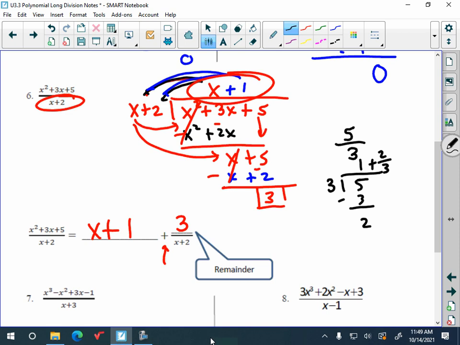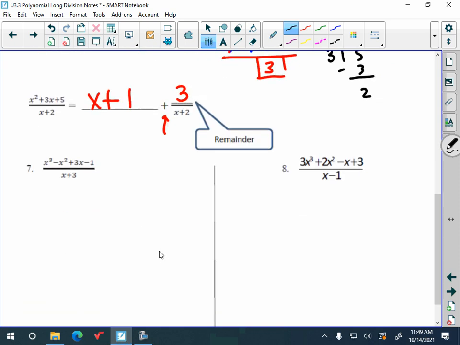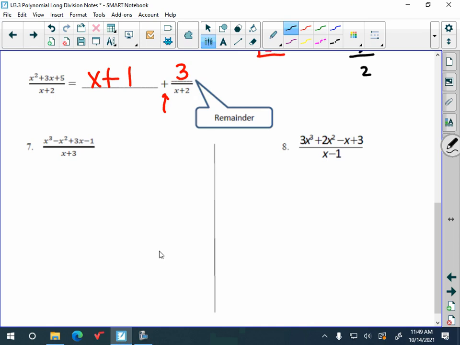All right, so let's go ahead and do these last two. See if you can get the remainder.